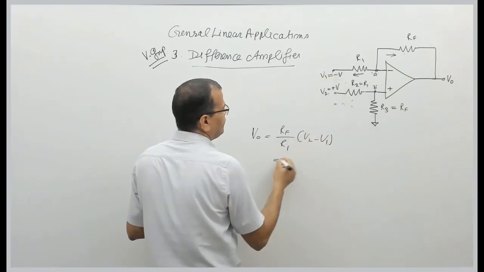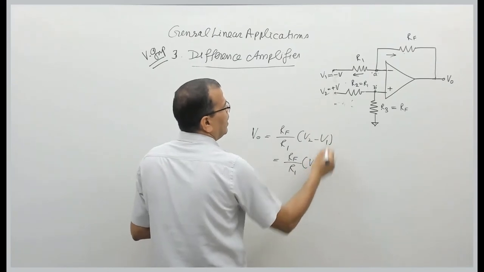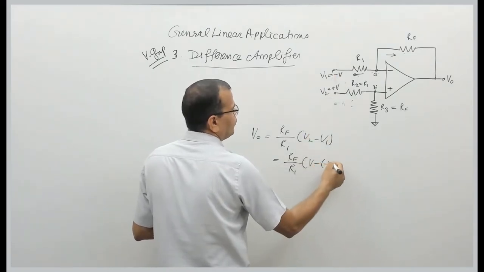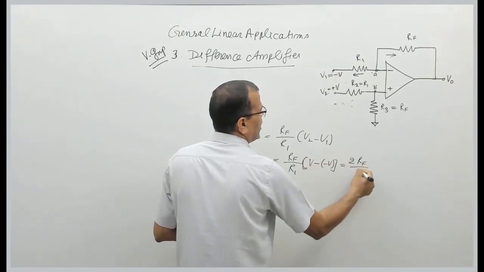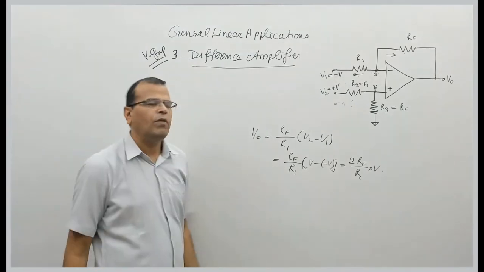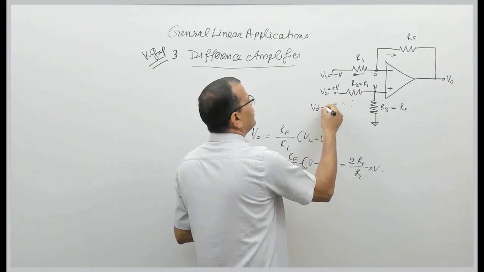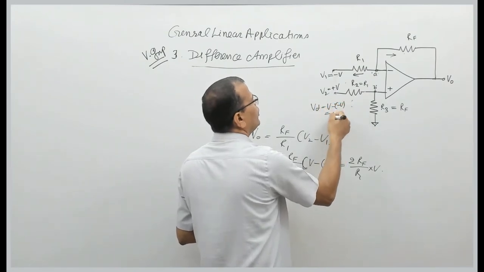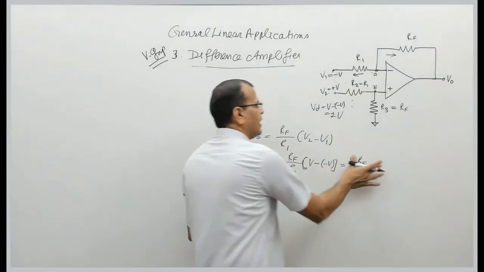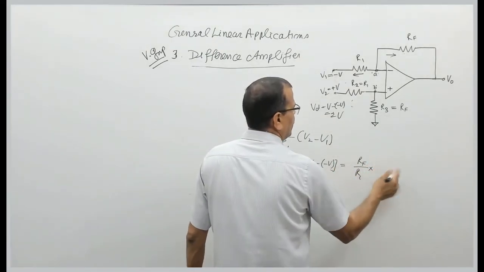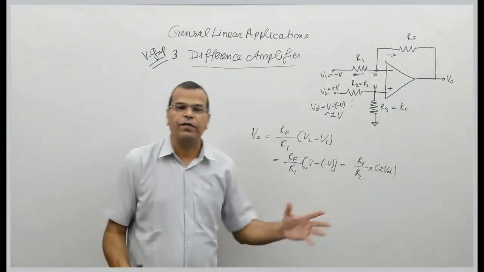V2 is V and V1 is minus V, so this will be 2RF by R1 into V. Basically VD is V minus minus V, that is 2V. That is called differential mode of operation of the difference circuit.